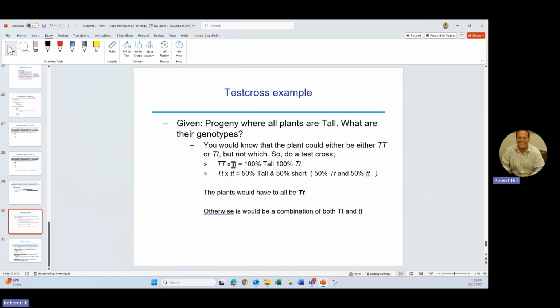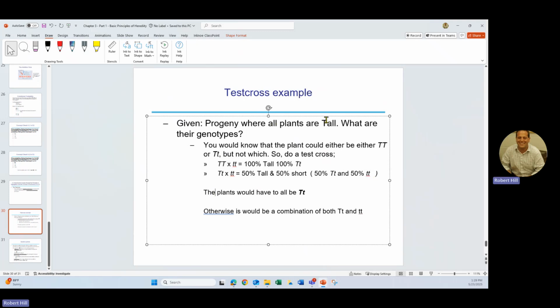When you cross homozygous dominant, big T big T, with homozygous recessive, you get 100% tall, 100% heterozygous. When you cross heterozygous with homozygous recessive, you get 50% tall, 50% short, because 50% are heterozygous and 50% are little t little t.